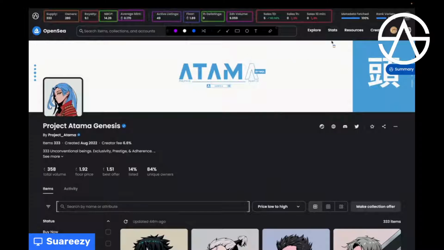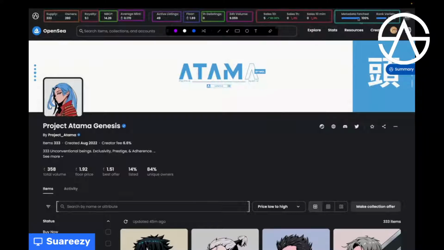So the next portion we actually do have is the metadata fetch and the rank rarity. What I was talking about earlier with some of the projects having all the same ranks, if you start to notice that, you'll notice that metadata fetched would be 0% or 100%, while rank rarity would be sitting at about 0.0% or 0.01%, meaning that there's no variety in the rank.